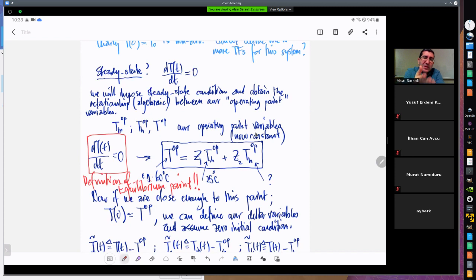So there will be some kind of a bias in the system. Take the input, the inflow temperature, 25 degrees. This is out of your control. If this becomes 27 degrees, there will have to be some small constant creeping into the system.